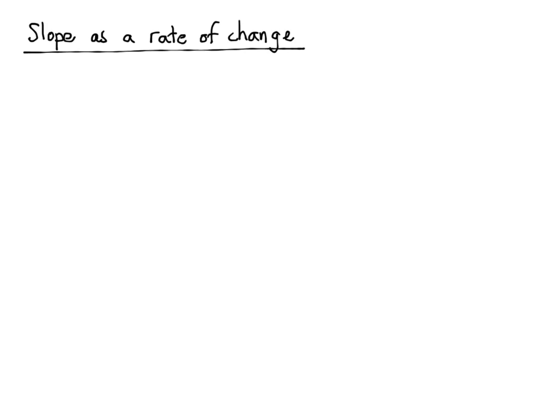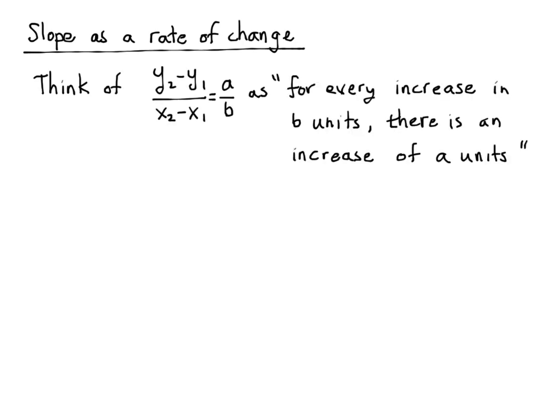Now, one of the things that I mentioned at the beginning is that the slope can be thought of as a rate of change. So what we want to do is think about this. If we say the y change over the x change, think of that as a over b. Basically, for every increase in b units, there's an increase of a units.